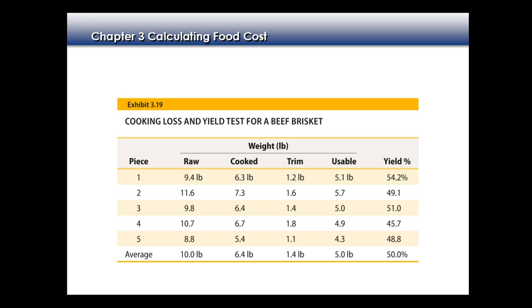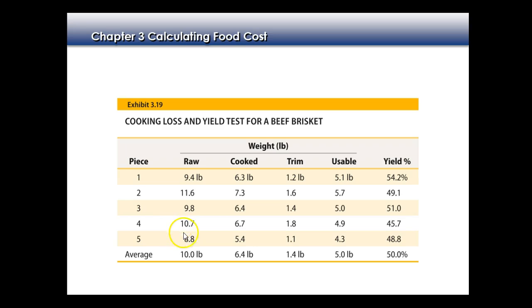So here's an example of a brisket. They did it with 5 different briskets. The first one weighed 9.4 pounds. After they cooked it, 6.3 pounds. So they almost lost 3 pounds in cooking. And then by trimming off the fat, they only have 5.1 pounds left. So only 54% of that original brisket was usable.